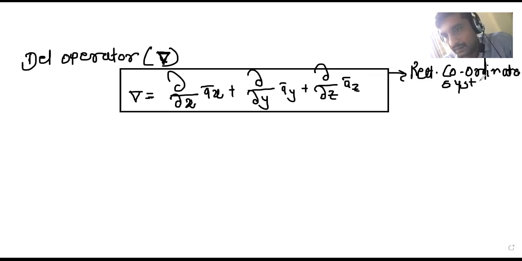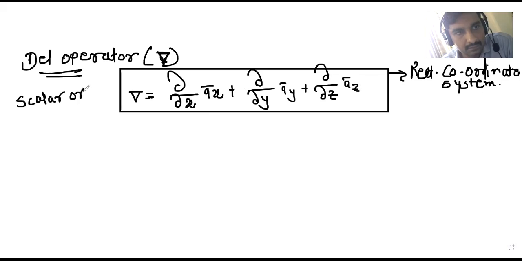Now just observe this expression and tell me whether it is a vector or a scalar quantity. I'm talking about the del operator, whether it is scalar or vector. Can you answer this question? I have written the expression for the del operator on the board, whether it is a scalar quantity or a vector quantity.